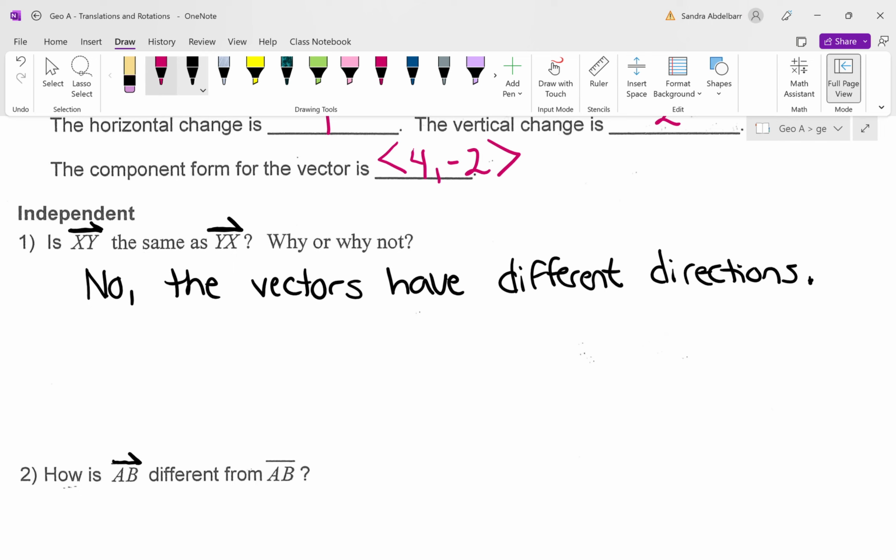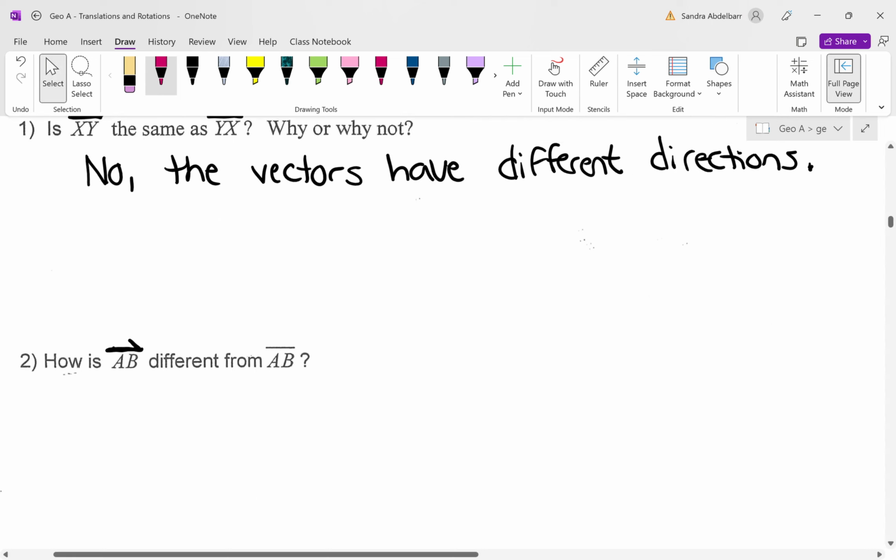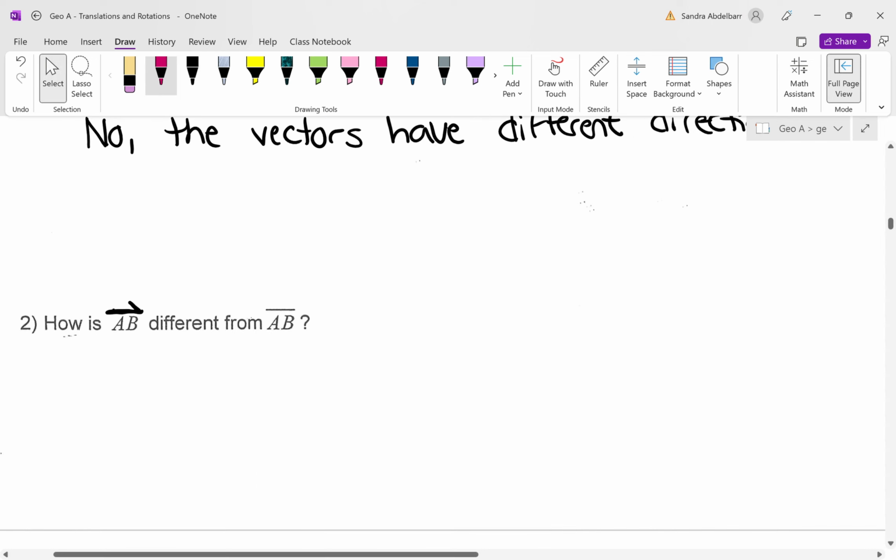So now my next question is, is vector AB different from segment AB? Yes or no? Is vector AB different from segment AB? How many people say yes, it is different? How many people say no, it is not different? Okay, good. Yes, it is different.